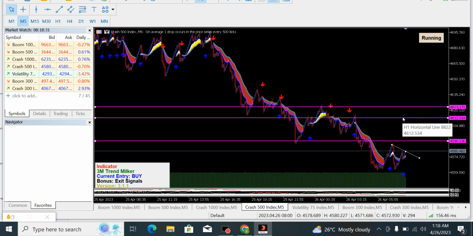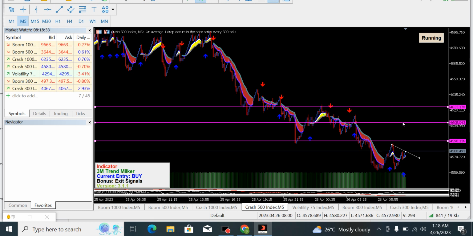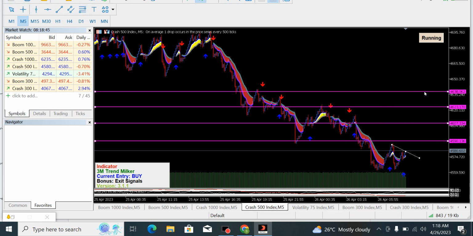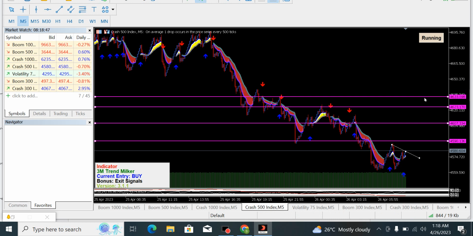Let me put this here. I think there is a resistance zone around here, so the third TP somewhere here, and of course the fourth one. Let's see if we can have the fourth one. Let me put it around here. So this is very, very important.